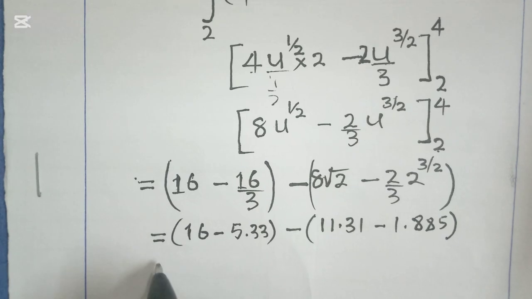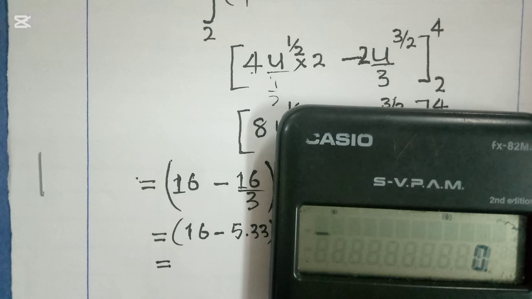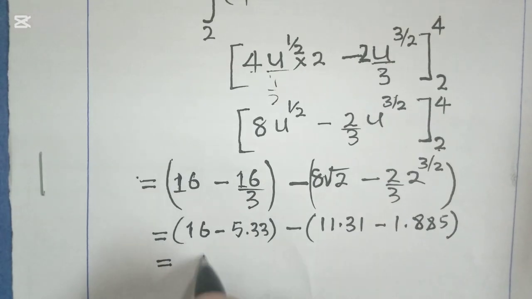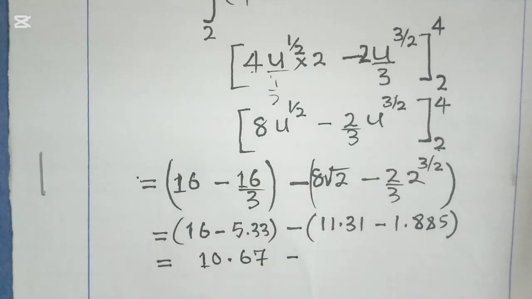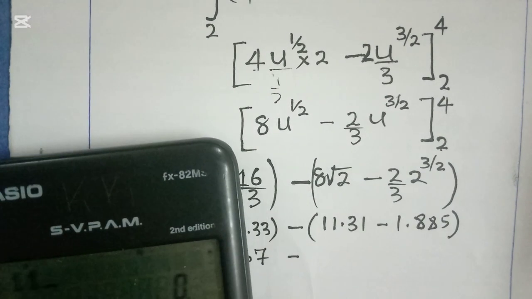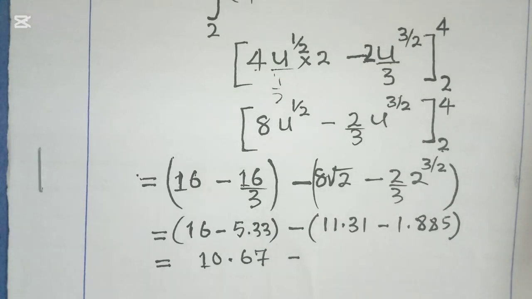Then we take away. 16 minus 5.33 gives us 10.67. So we have 10.67 minus 11.31 minus 1.885, and this gives us 9.425.